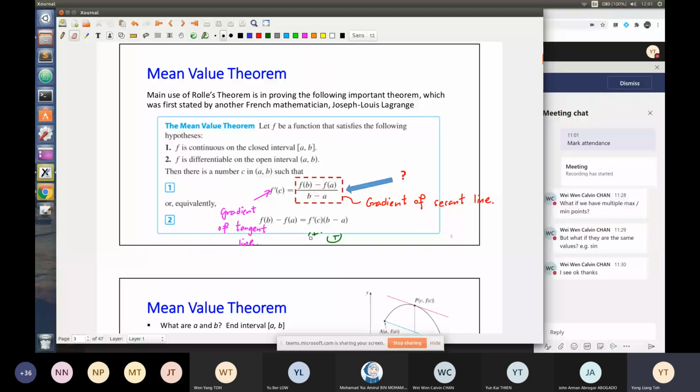So there's a consequence here: if f'(c) or f' is positive, then f must increase. And vice versa. So you can see this is actually a result of the mean value theorem here.